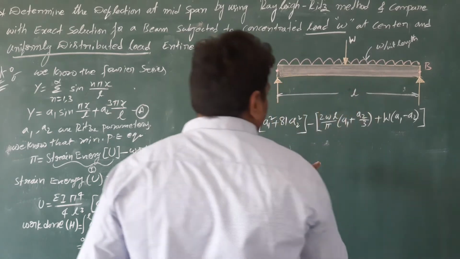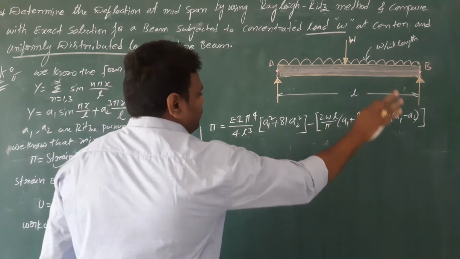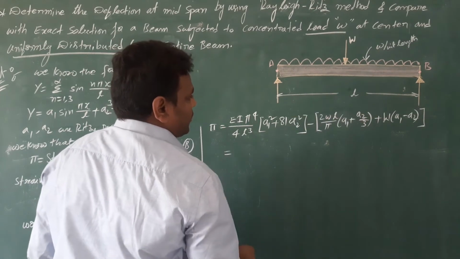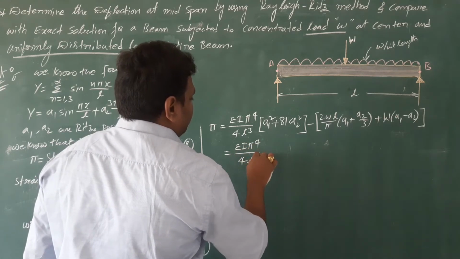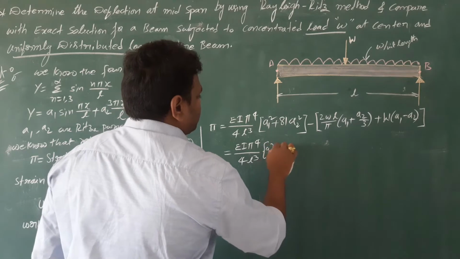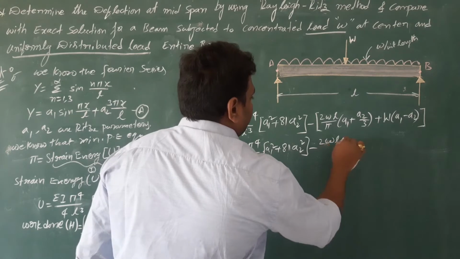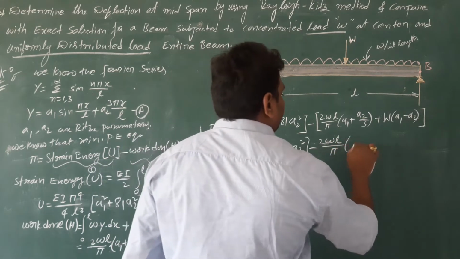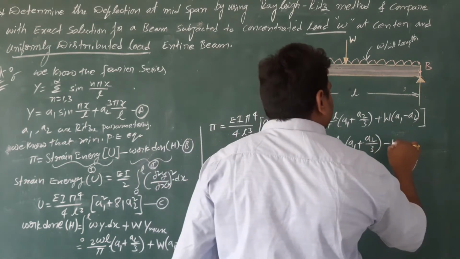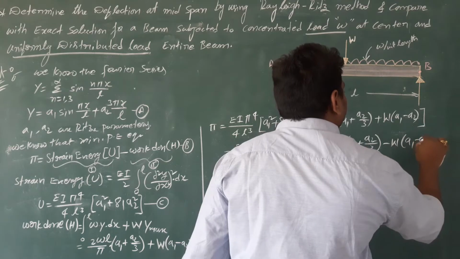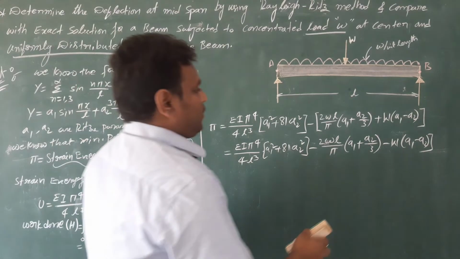Now multiply with the minus and we get the entire equation easily: EI pi power 4 by 4L cube into A1 square plus 81 A2 square, minus 2wL by pi into A1 plus A2 by 3, minus capital W into A1 minus A2.